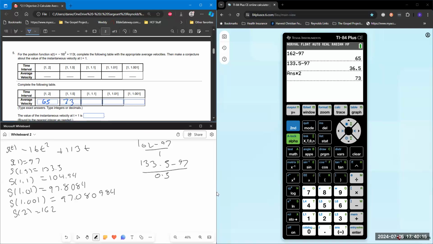Getting better, but still not there. 104.94 minus 97 over 0.1. 79.4. Right. I'm going to erase these, make room for the next ones.